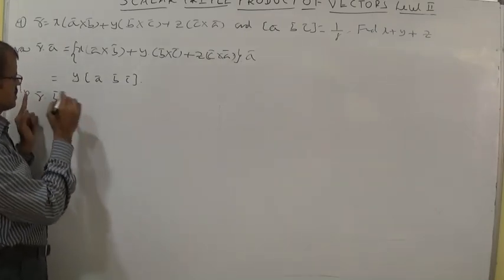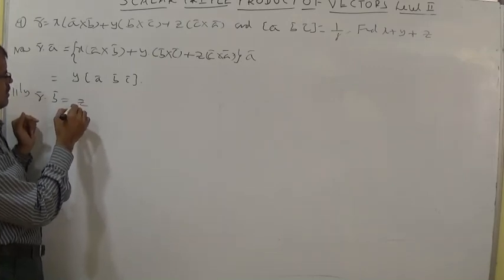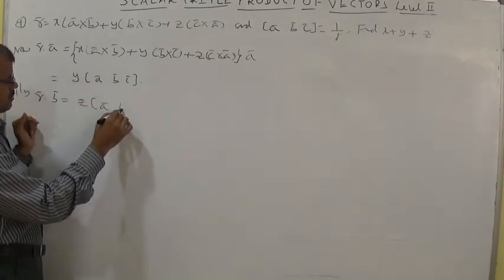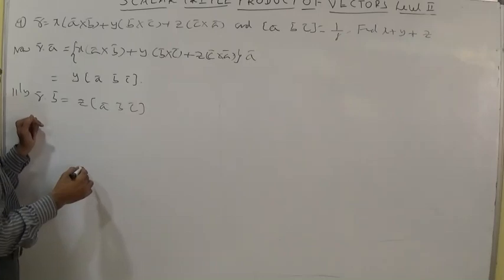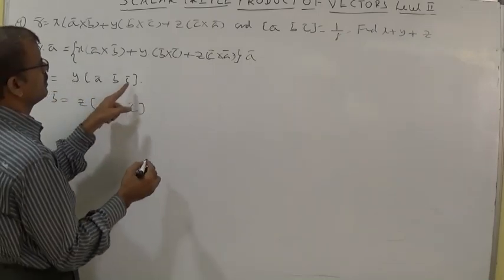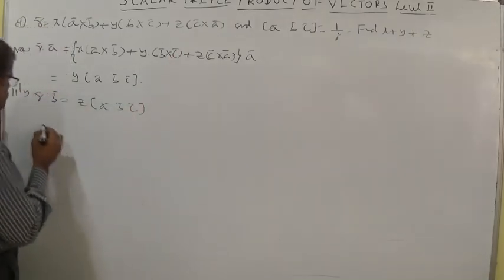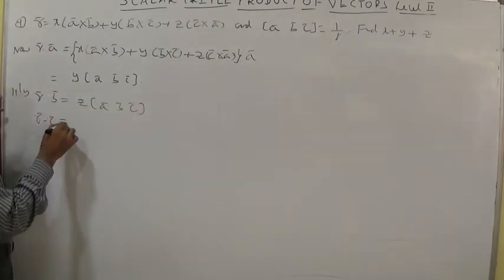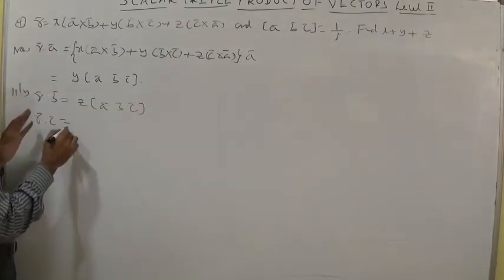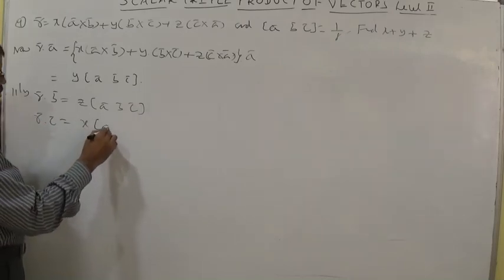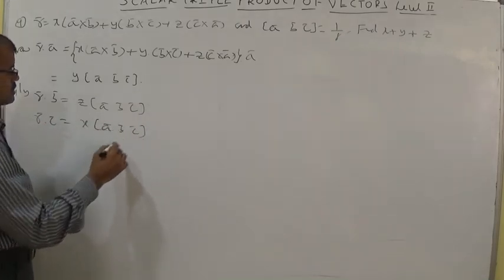So B bar, the second letter, is Z into box ABC. Next, R bar dot C bar. C bar, the third letter, next letter X here. So X into box A bar, B bar, C bar.